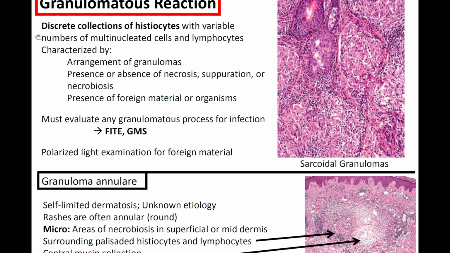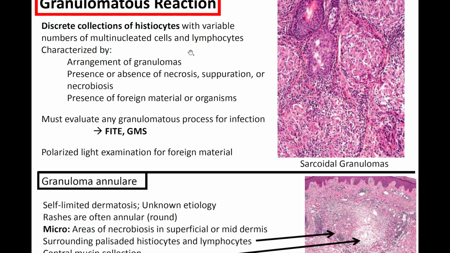So in these, you're going to have a discrete collection of histiocytes with variable numbers of multinucleated cells and lymphocytes, characterized by arrangement of granulomas, presence or absence of necrosis, separation or necrobiosis, presence of foreign material or organisms.